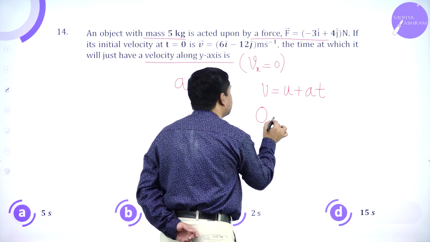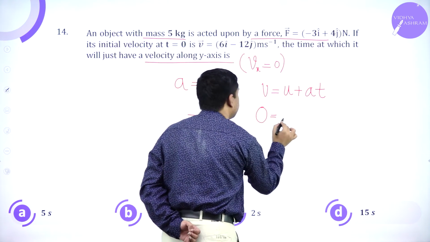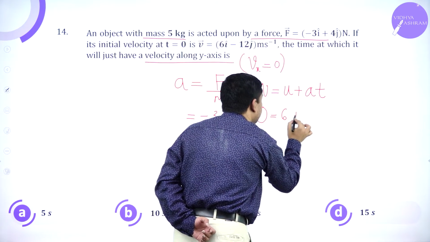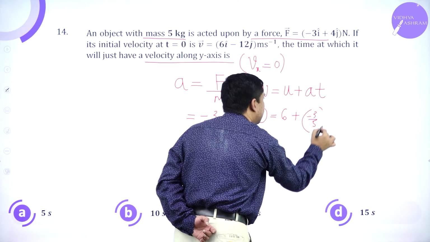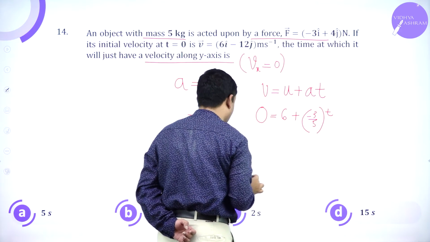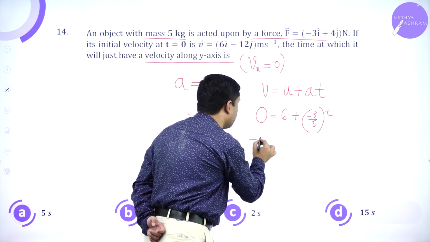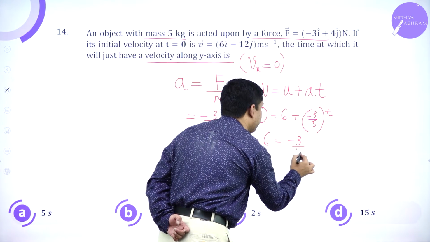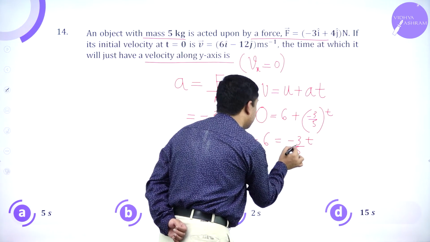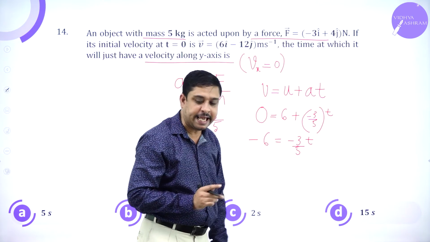Final velocity along x is 0. Now, 0 is 6 plus minus 3 by 5 times t. So minus 6 is minus 3 by 5 times t. So the answer is 10 seconds.